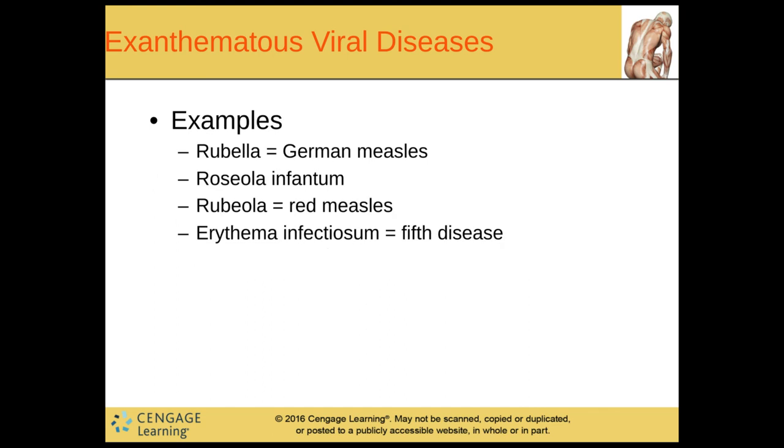Examples of this are rubella, which is the German measles, roseola, rubeola, which is red measles, and then erythema infectiosum, which is Fifth's disease. So if anybody's ever heard of Fifth's disease, it's a virus, right? And it can cause kiddos to get rashes on their hands and the bottoms of their feet and their mouth, that type of thing.